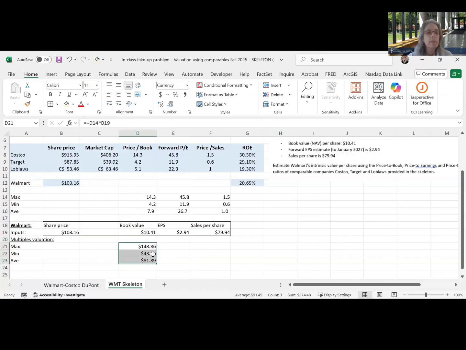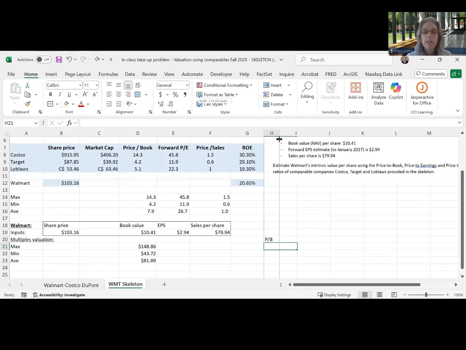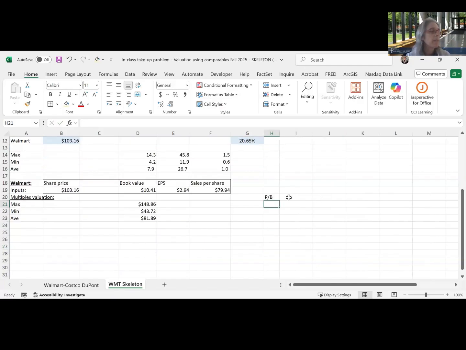So if I had to build up a table of this, just put it on the side here. Price to book. So in the videos, I spoke about a football field. So we're going to start building up a football field now.